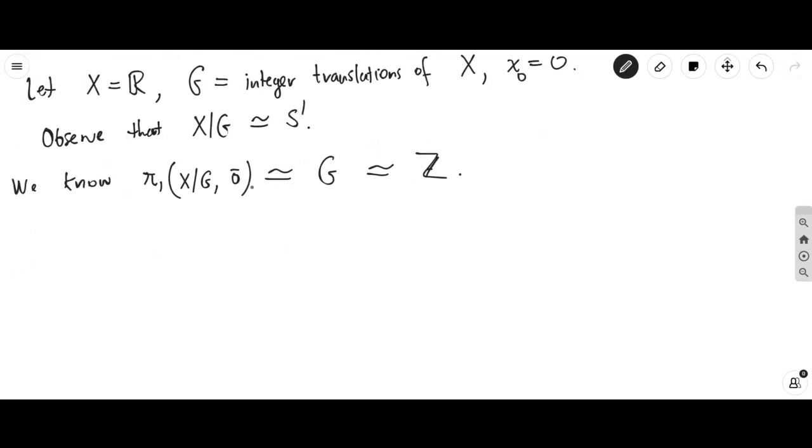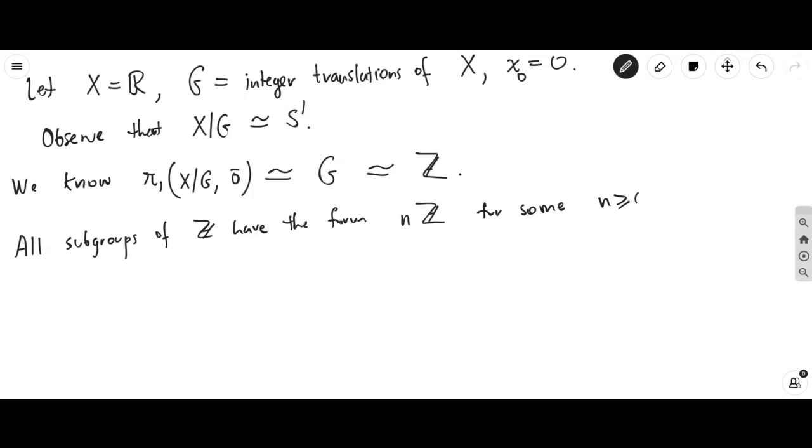So here's how you do this. All subgroups of the integers have the form nZ for some non-negative integer n.